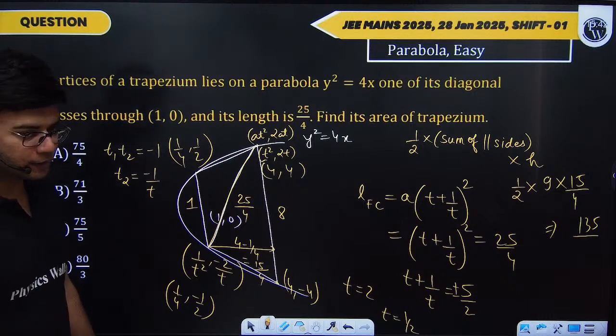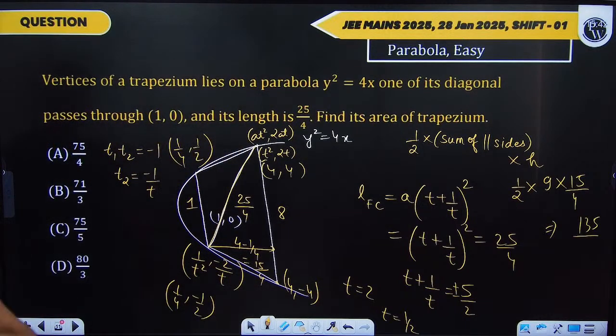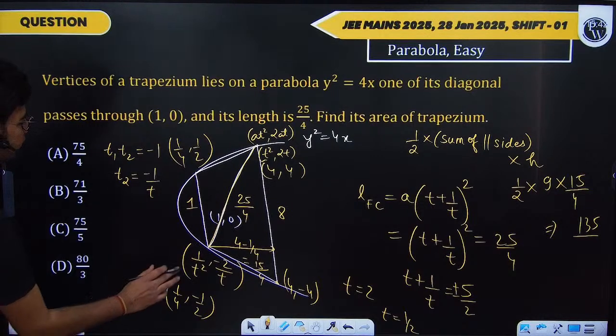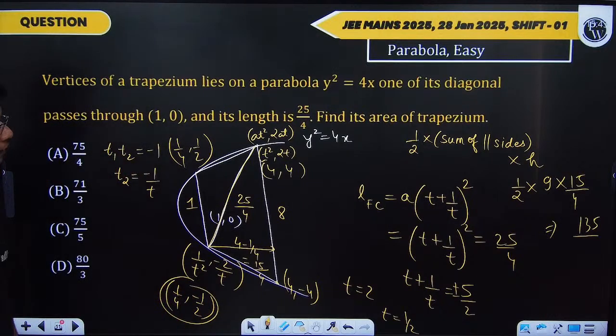T is coming out as half. Half plus 2, t is half. So this point is coming out as 1 by 4 comma minus 1.